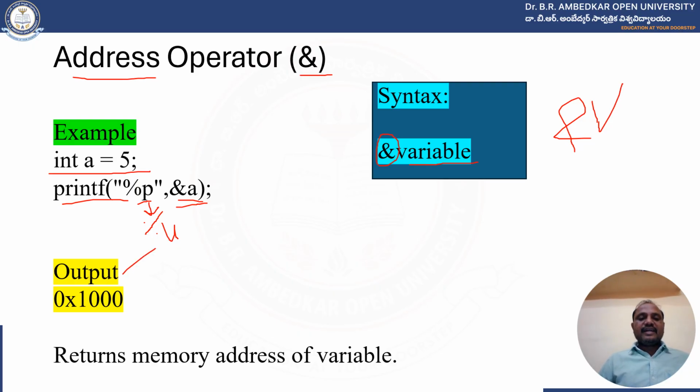The output will be like 0x1000, and the address may be anything. We cannot say this is a fixed address or the actual address. We are just taking one example, which should be in hexadecimal format, and it will change from time to time. So finally the output of this program will return the address of a.